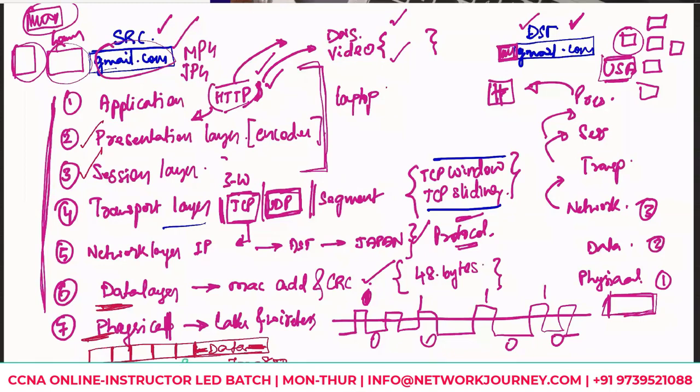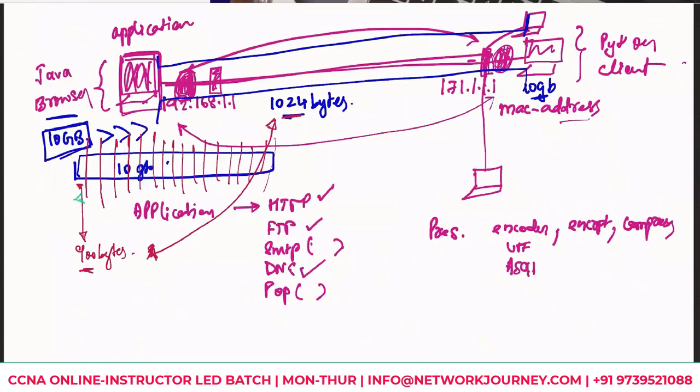Let's say here presentation was added, here transport was added, here network was added, here data link layer was added. So basically you have to keep some room for the headers also. The remaining 100 to 200 bytes are used for the headers, and data is 700 to 800. That's why a big data packet needs to be broken into multiple pieces, let's say each one of 900 bytes.